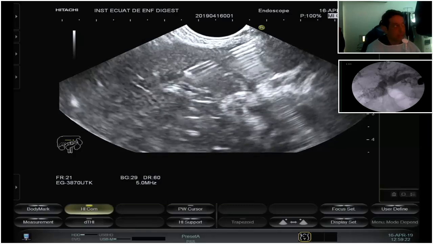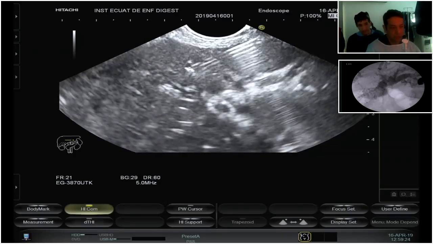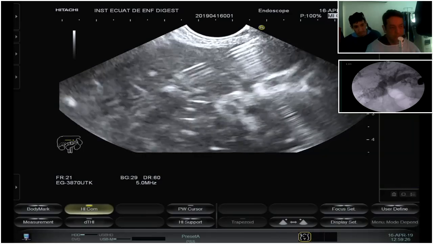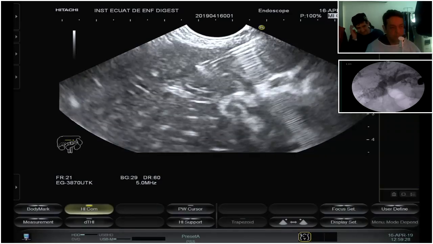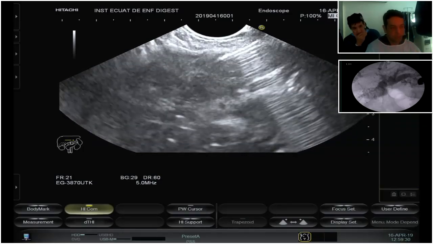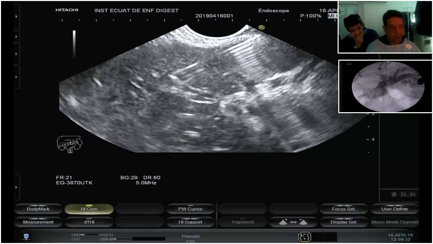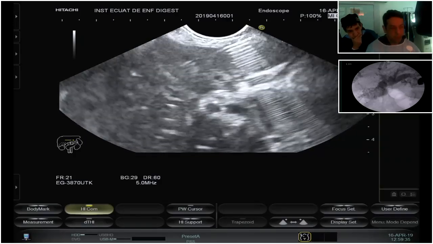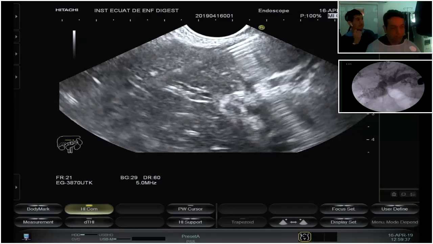So I pass, as you can see, the whole liver. Just to see what we have.